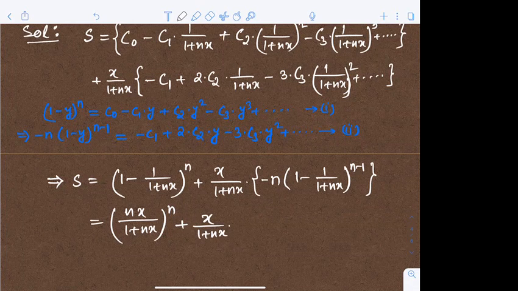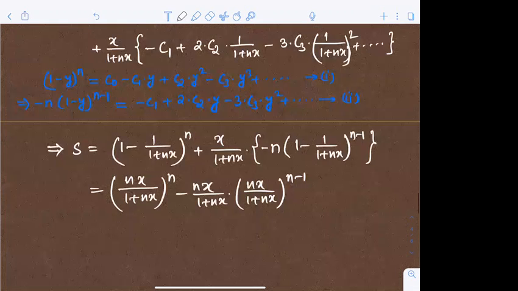So minus n I can take minus here, and n can be taken here, and inside that I will get nx by 1 plus nx whole to the power n minus 1. Now can you tell me what will be the value?